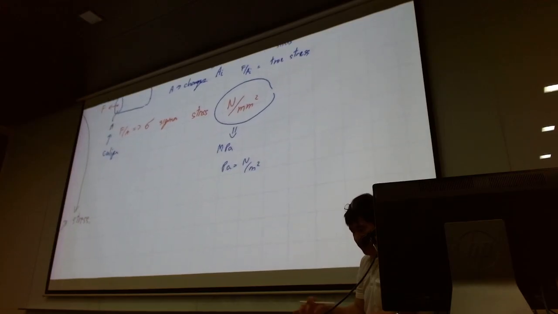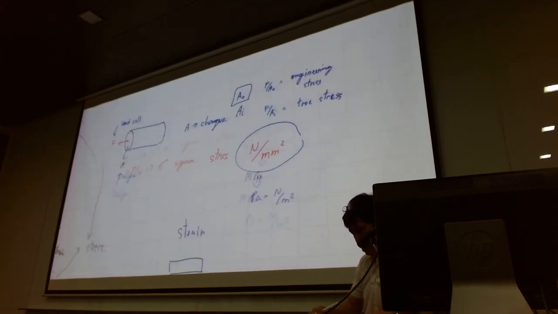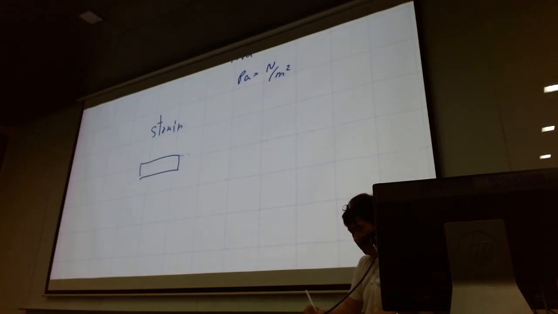Quite the same, the strains itself, if you have the force pulling onto this, the object itself will be elongated. We call that elongation, displacement or elongation.